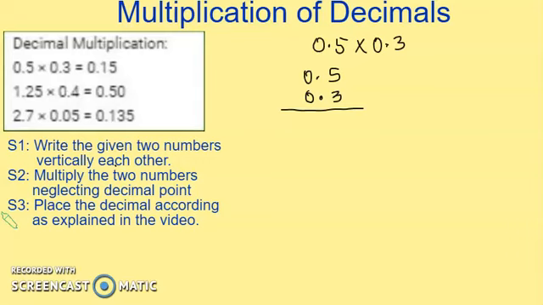Write the given two numbers vertically below each other. So our first number is here and second decimal number is here. At this point I would like to tell, as in addition we put the decimals below each other, here it is not important.